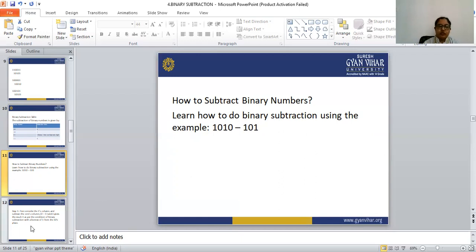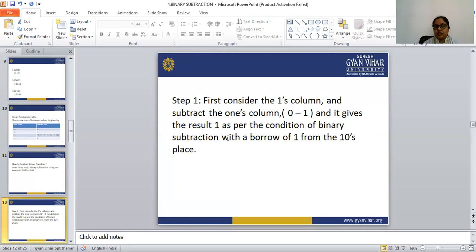Look at this. The first step is to consider the ones column and subtract 0 minus 1, which gives the result 1 as per the condition of binary subtraction, with borrowing 1 from the tens place. 0 minus 1 is not possible, so this 0 borrows 1 from the next higher digit.